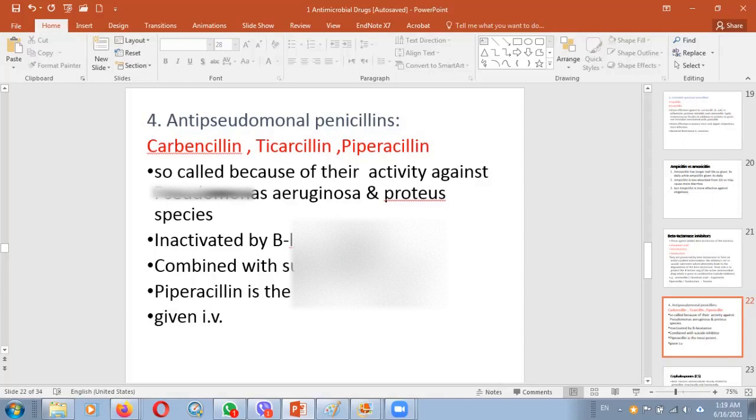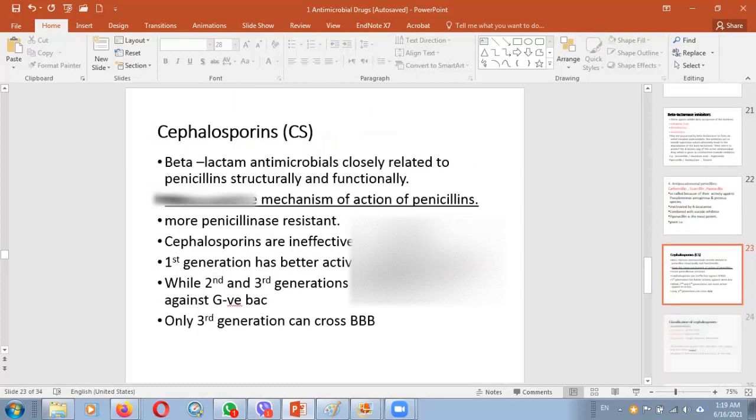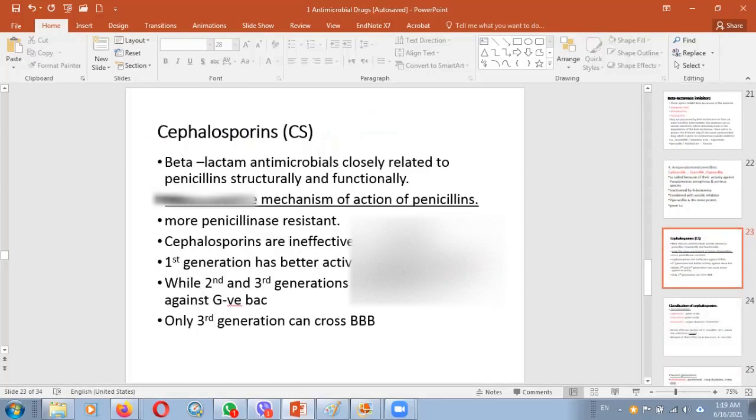They are saved for severe cases, as they say, and we use them for Pseudomonas aeruginosa and Proteus species. They are not used routinely for everyday infections with the usual microorganisms. Now we come to the second group of beta-lactams, which are the cephalosporins.